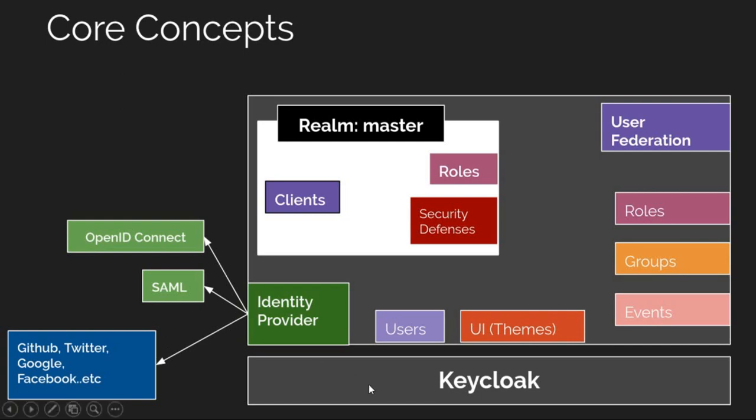Once we log in to Keycloak, a default realm is created for us. Within the realm, we can create the users, roles, clients, and the user federation, where we can leverage Keycloak's feature to connect to an existing LDAP server or also provide an implementation to connect to any other data store if the users are present elsewhere.